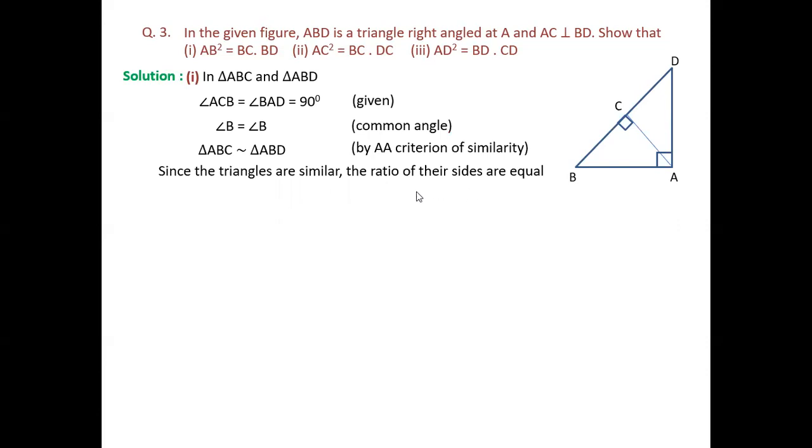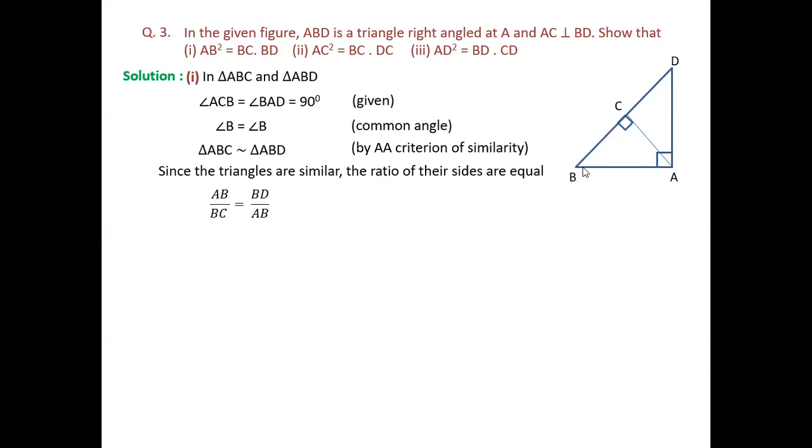Now, angle B. So what is the angle B means? What is the side hypotenuse upon the adjacent side? So this angle, we are taking the hypotenuse upon the adjacent, that is AB upon BC. And it is also equal to the full triangle.